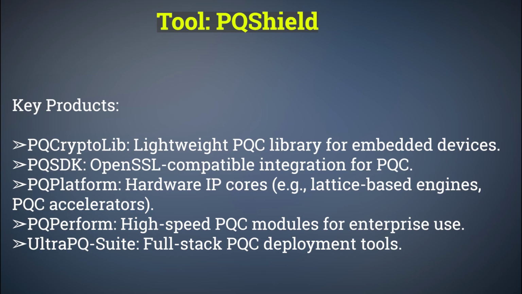PQ Platform, which provides hardware solutions like PQC engines and accelerators. PQ Perform, which is built for high speed PQC use in large companies, and Ultra PQ Suite, a full package for setting up PQC across an entire system.